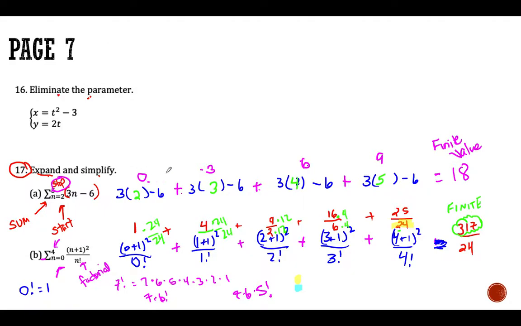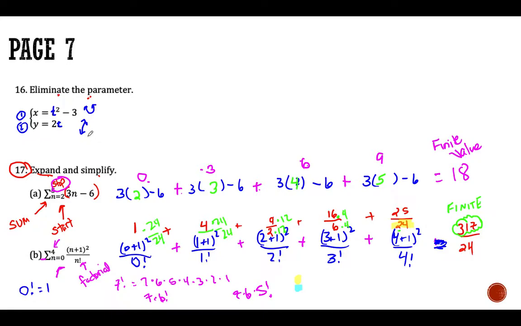So I want you to notice that each one of these equations, in terms of a third parameter t, each one of them is a function, right? This is a parabola that opens up and has a y-intercept of -3. 2t is a linear function with a constant slope of positive 2, right?